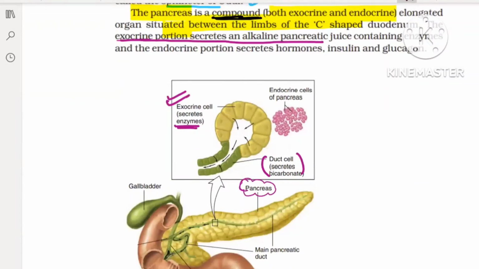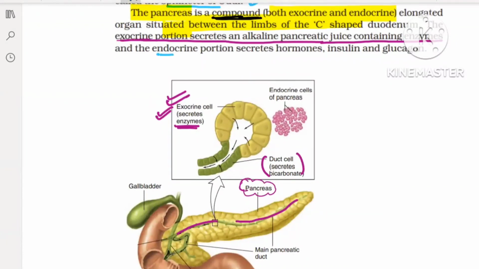If you see, the main pancreatic duct, you can focus on the green color in the diagram, which is combining with the common bile duct to open as the hepatopancreatic duct. Clear? So the exocrine part is the one which secretes the pancreatic juice, and pancreatic juice contains enzymes. And the secretion is alkaline in nature.